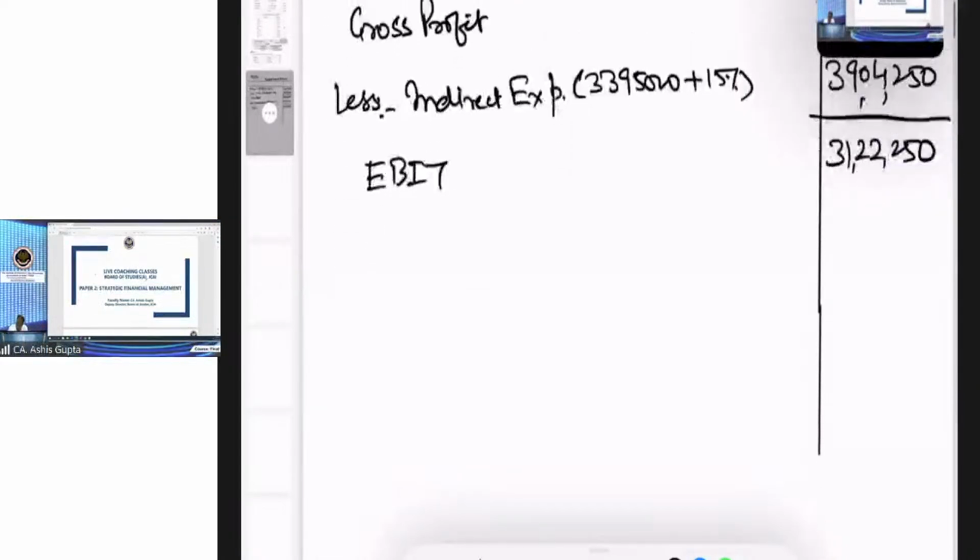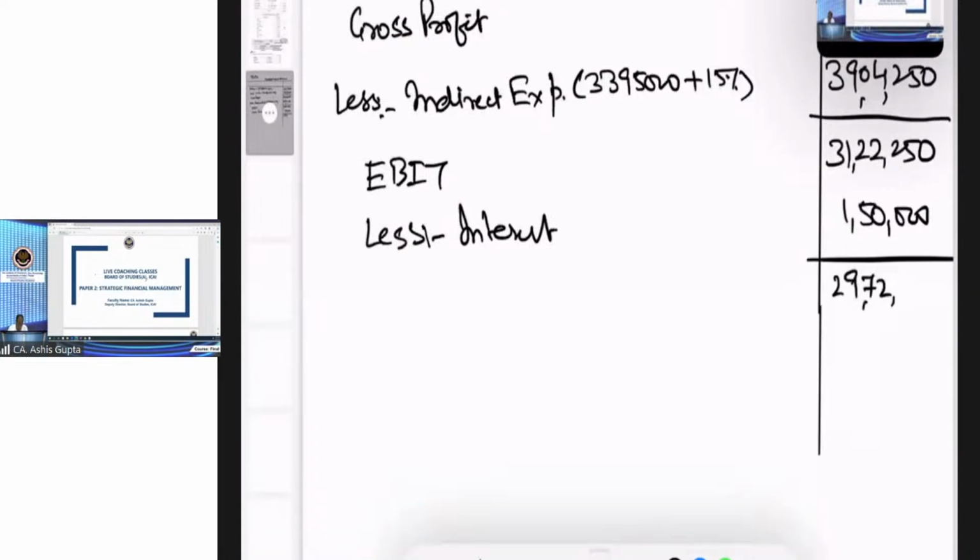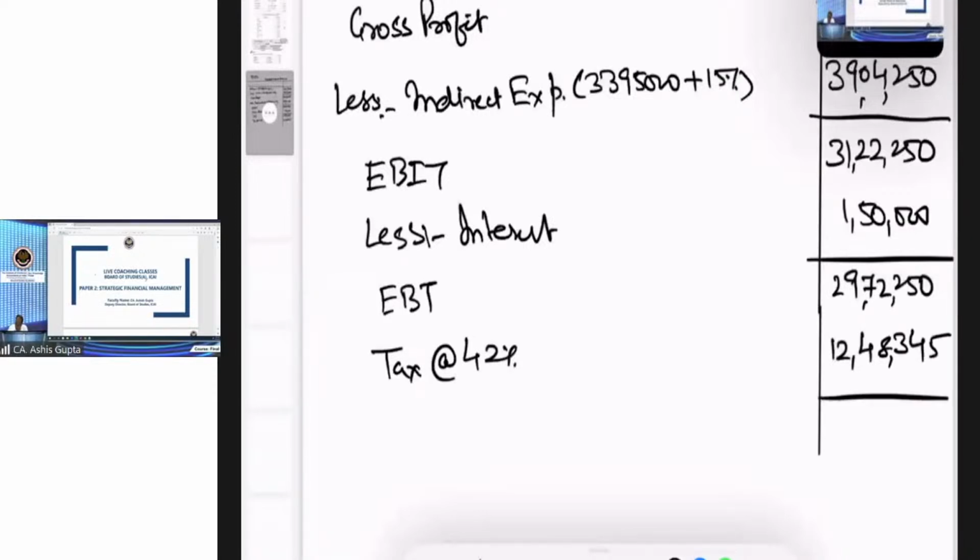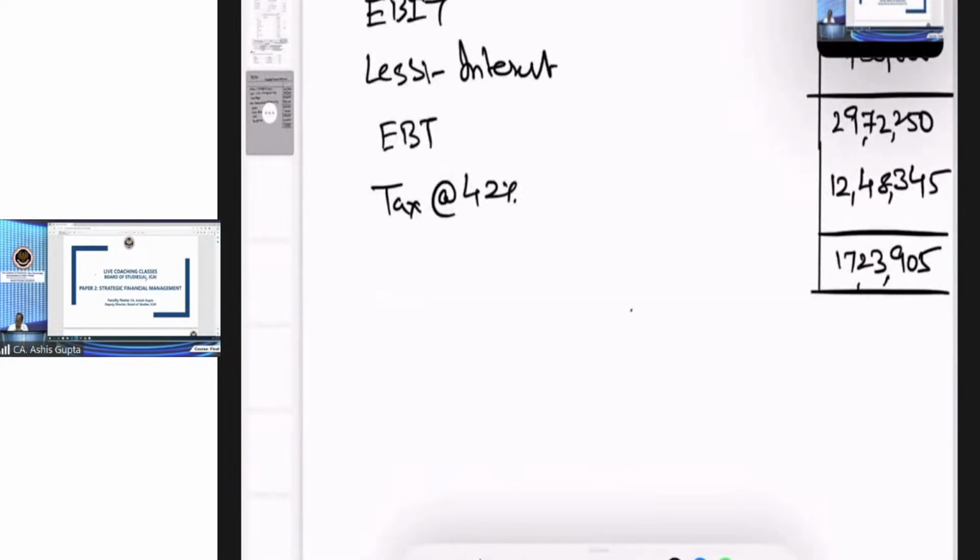Less interest, assuming that it is the same, no change. So this will be earning before tax. Our tax rate is 42%. Till now, student, if you find any calculation error, please let me know. I hope till here you don't have any problem.